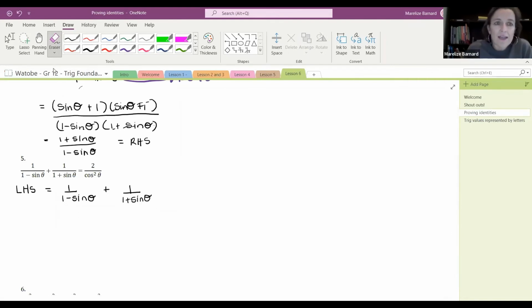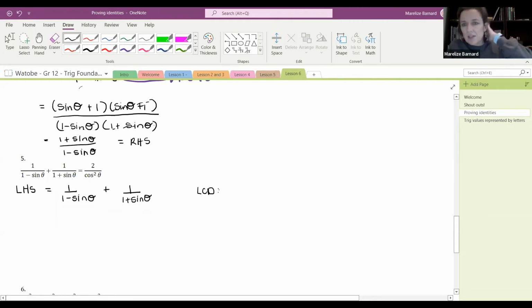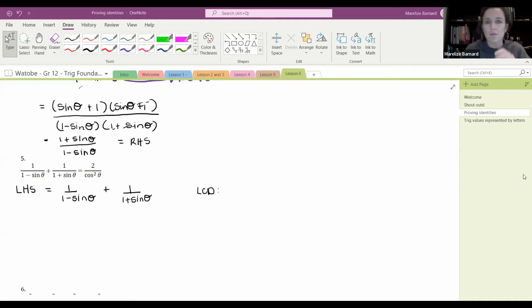Okay, so let's make denominators the same. So our LCD here, can anyone think what the LCD is? Put it in the chat. Ma'am, the LCD is 1 minus sine theta multiplied by 1 plus sine theta.